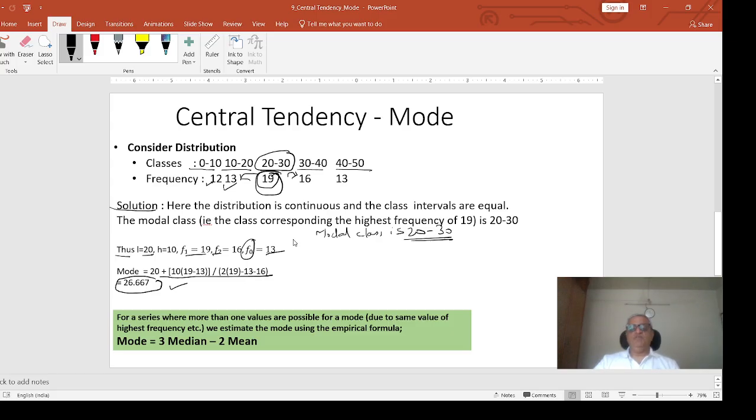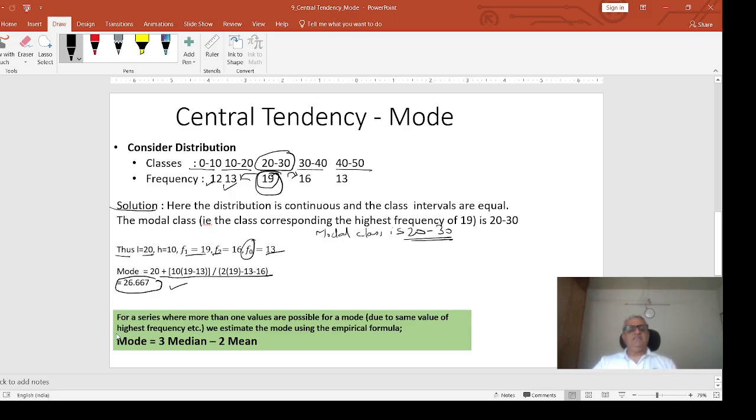One of the most important things mentioned in the block below is that many times you get a mode which is not unique. Mode is something which is occurring maximum, but there is a possibility that you might have a series which is not unimodal, which can be bimodal or multimodal.